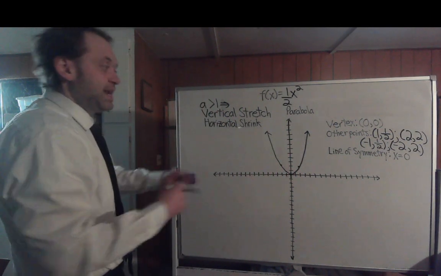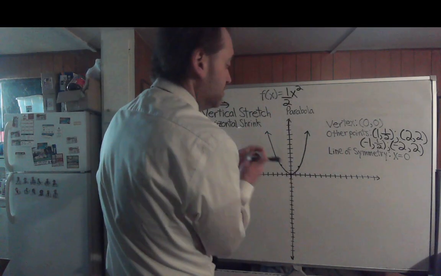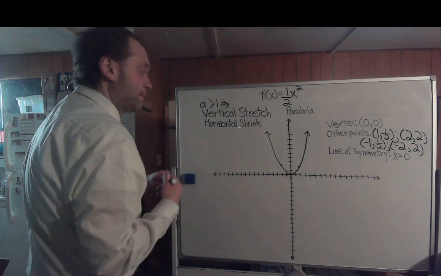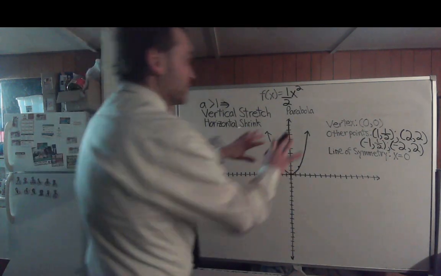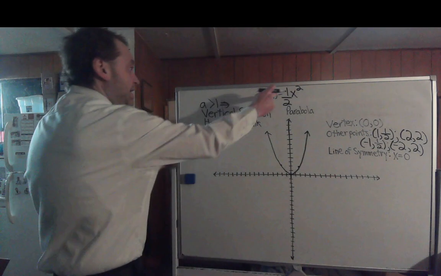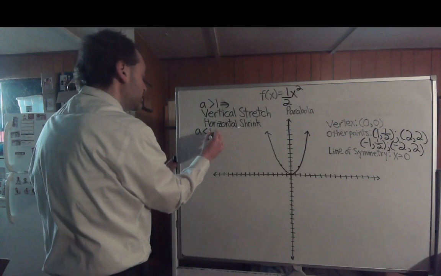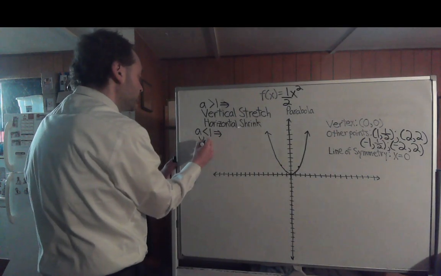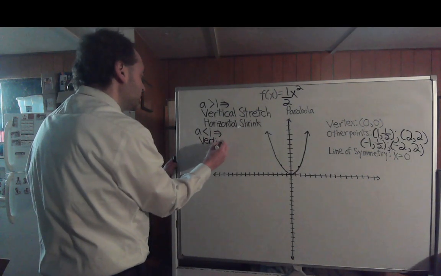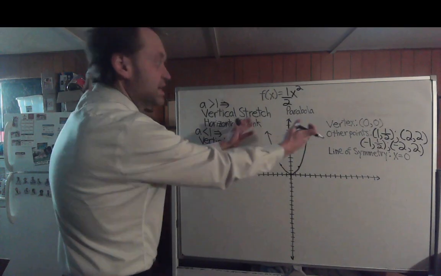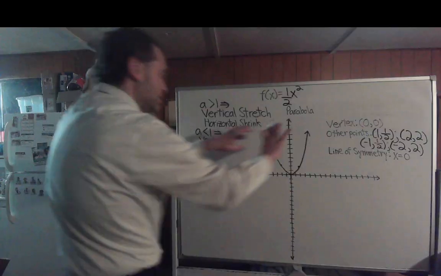Notice what it did. It actually seemed to fatten your parabola. It fattens outward more. That's what's called a vertical shrink. That a, which is 1/2, so if a is less than 1, that becomes a vertical shrink because it doesn't stand up quite as much. It goes outward more.